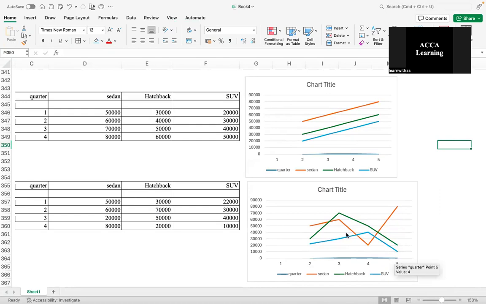You can see in terms of a sedan, you can see it was at 50, it goes to 60, it drops to 20, and again goes back to an 80. In case of an hatchback, you can see it was at 30, it goes up till say 70, it drops to a 50, and then it drops all the more down to 20. If there was a rise, it will go up. So this is what a multiple line graph could look like.